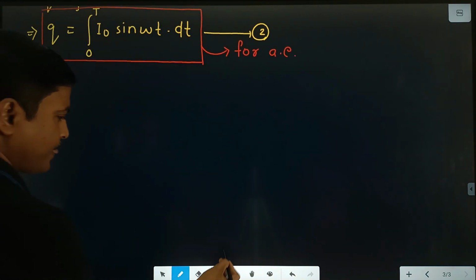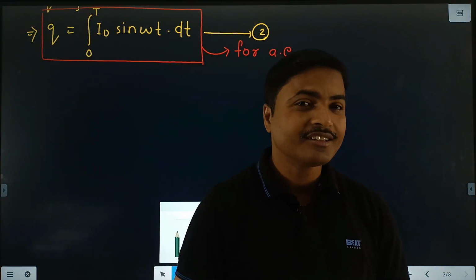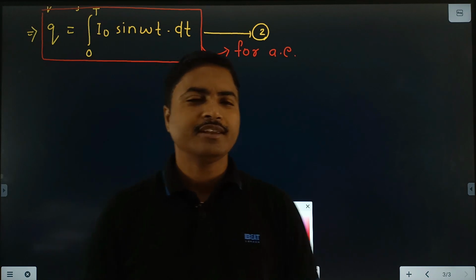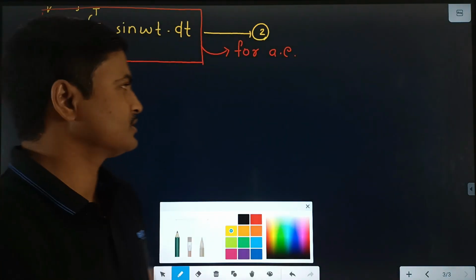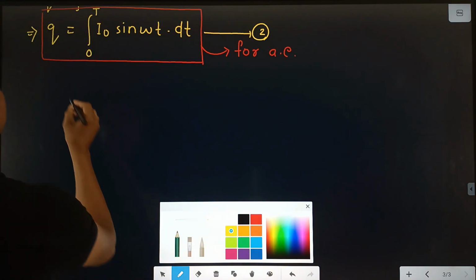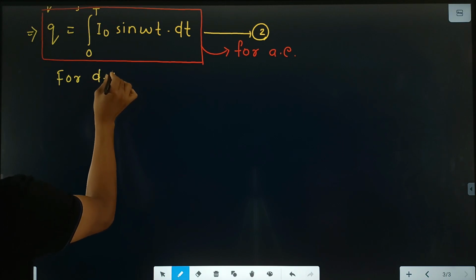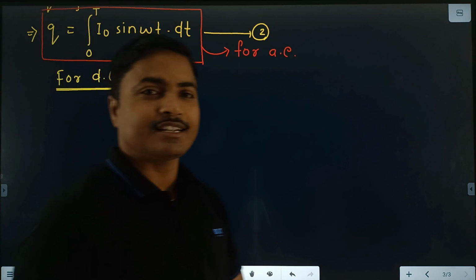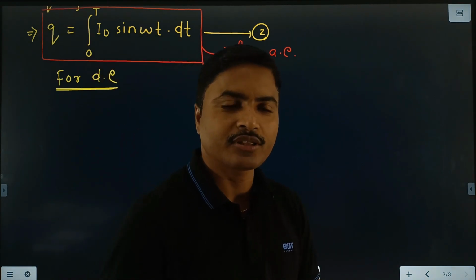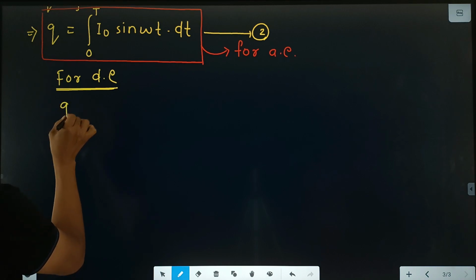And suppose direct current is flowing through the circuit in place of alternating current. For DC, what is the net charge flowing through the circuit, that is Q?